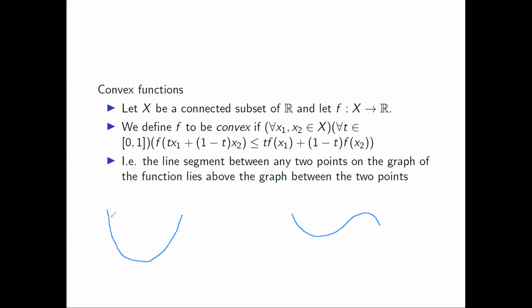So the function on the left, if I look at any 2 points on the graph of that function, I can call them x1, f of x1, and over here I have x2, f of x2, and I can take the segment between those points.